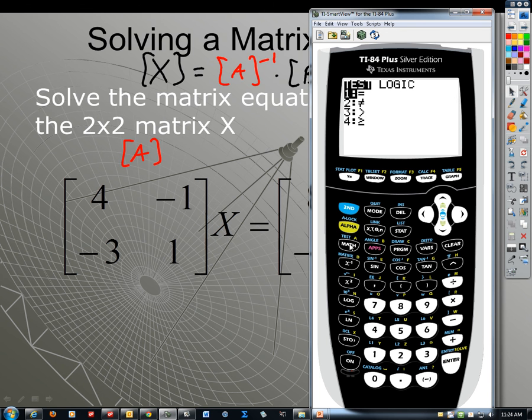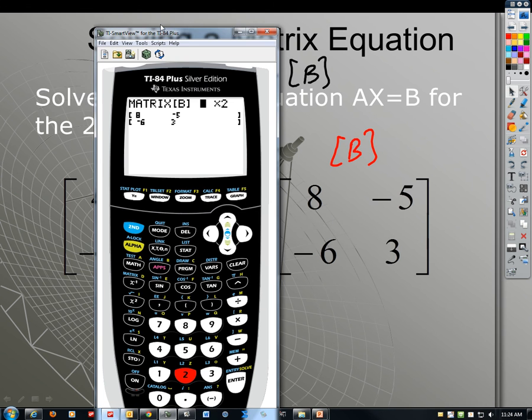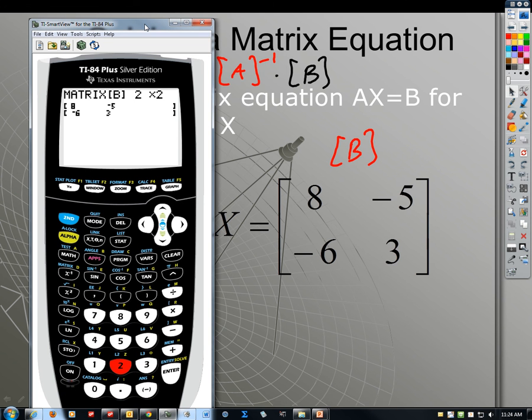I go second matrix, edit. I'll edit matrix B to be this guy, right? I've already got it in there, but you know. Negative 6, 3 is the bottom row. 8, negative 5 is the top row.